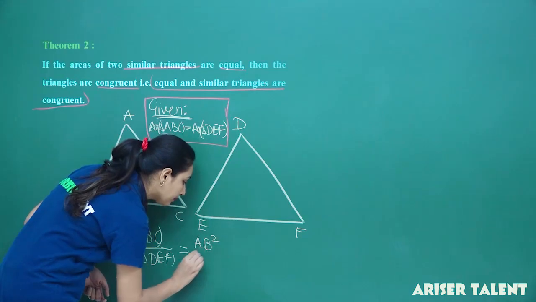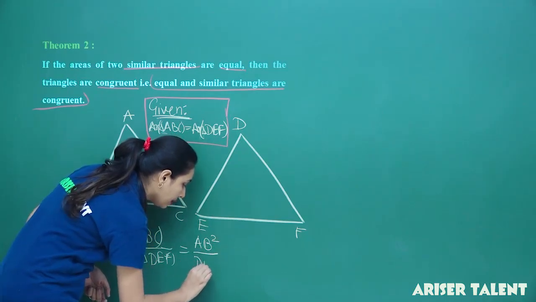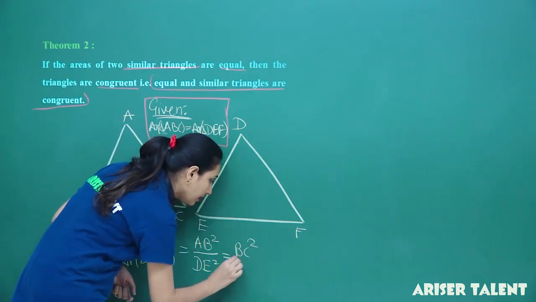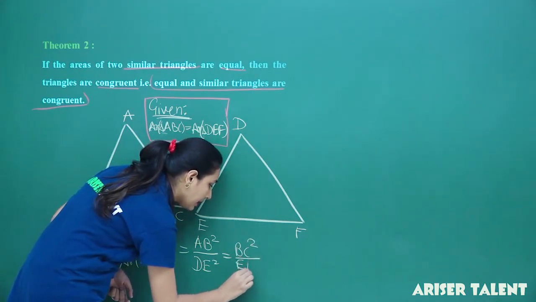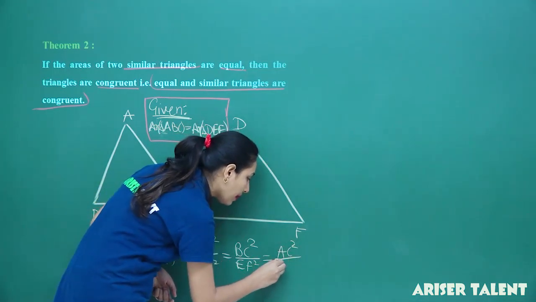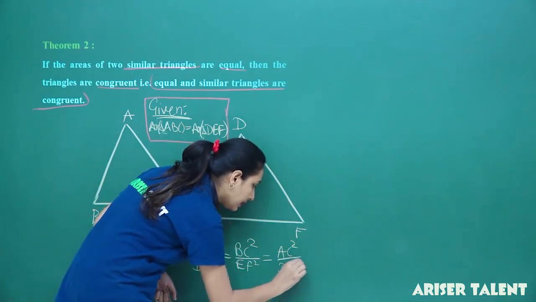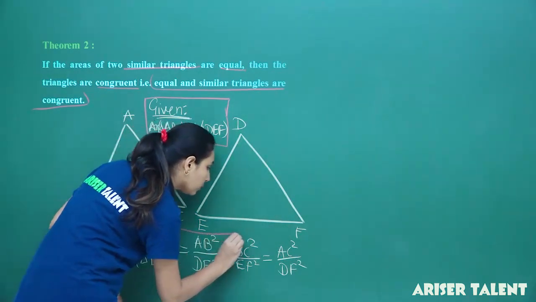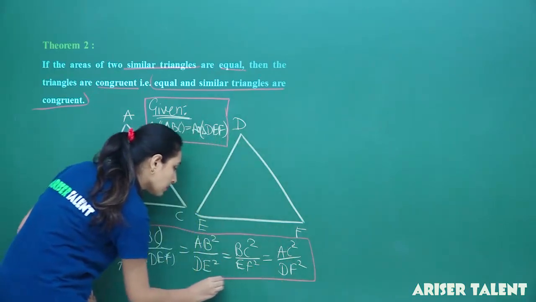AB square by DE square equals BC square by EF square equals AC square by DF square, right students?